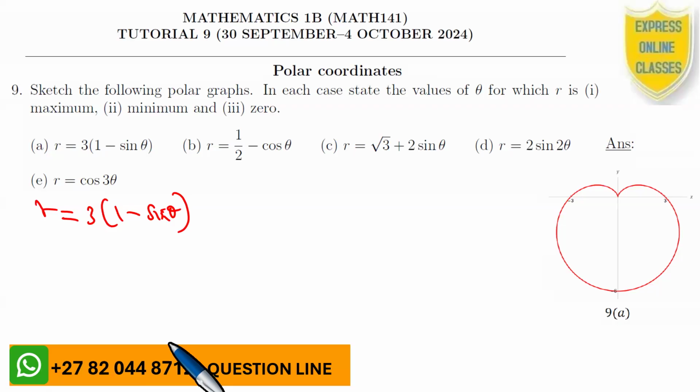Sketch the following polar graphs. That is the instruction. In this case, state the values of theta for which r is maximum, minimum, 0.